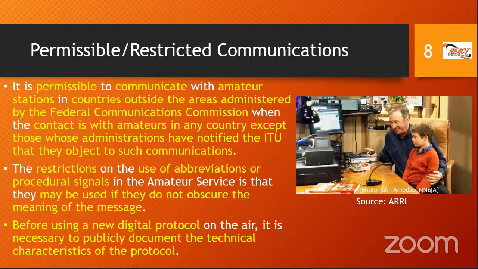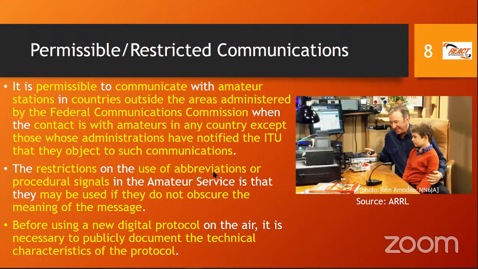So we say that you can use abbreviations, you can use pro signs and pro words in your communication, but you have to make sure they do not obfuscate or obscure your meaning at all. There are no secrets, no hidden or coded messages at all in amateur radio. You can encode them and decode them, but it must be well known what they are. So you cannot obscure, and that's the point of bullet point 2.